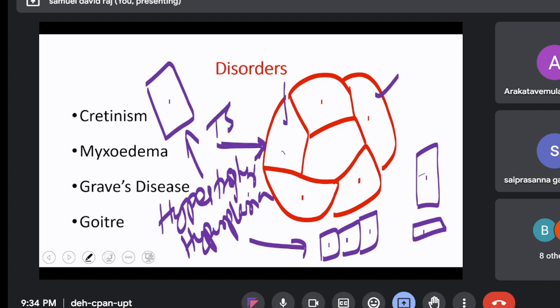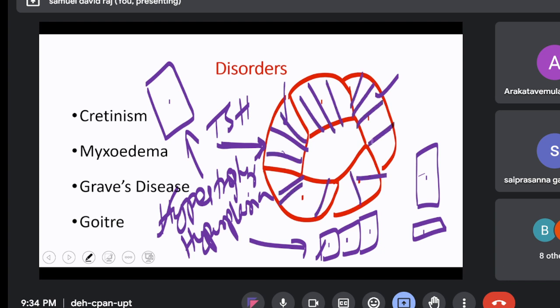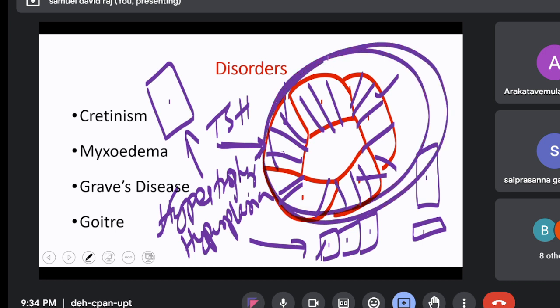As TSH is continuously stimulating this to produce T3 and T4, it does not know that there is no iodine. Now there is hypertrophy and hyperplasia so that the number of thyroid follicular epithelial cells increases and the size of the thyroid gland goes on increasing.